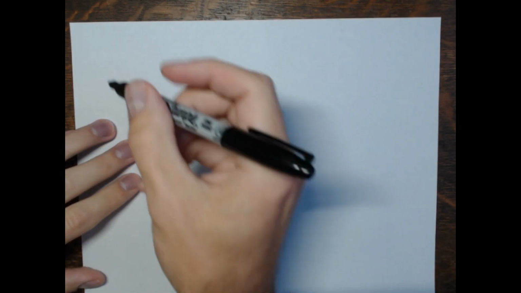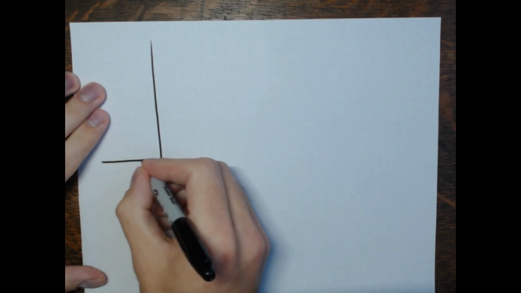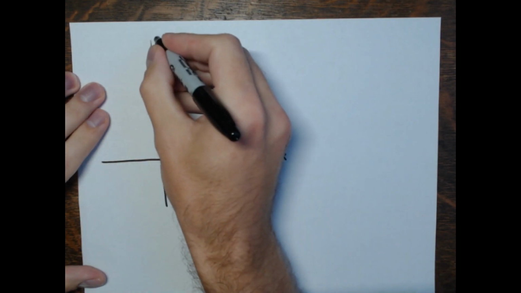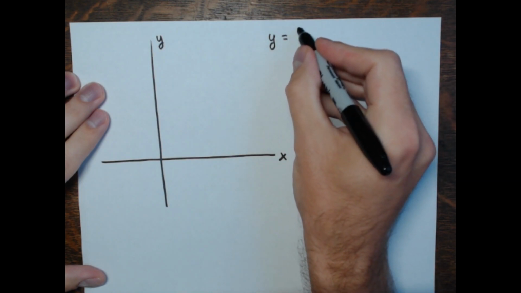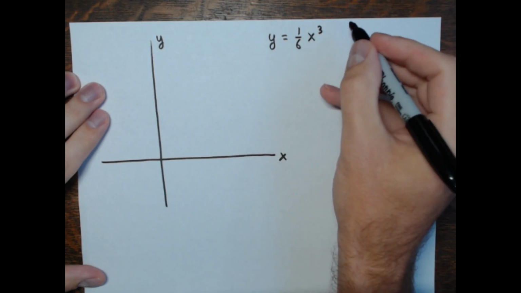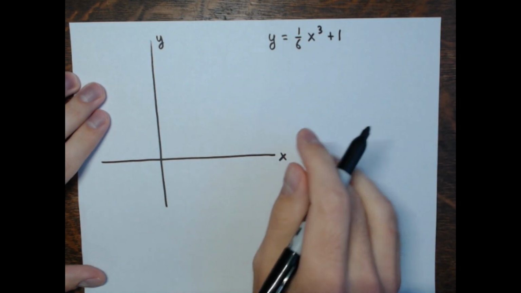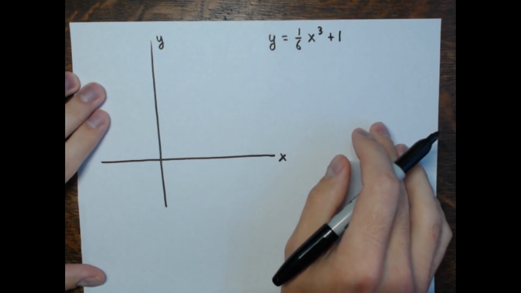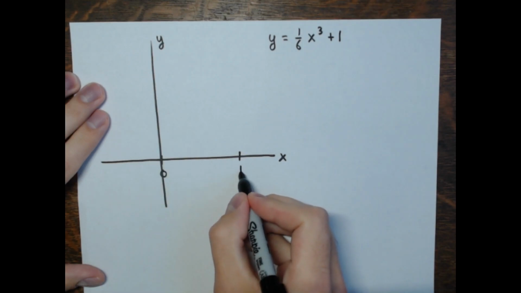So first let me draw this region they're describing. They said y equals x cubed over 6 plus 1, and we have the x-axis, x equals 0, x equals 1. So we're going just from x equals 0 to x equals 1 here.